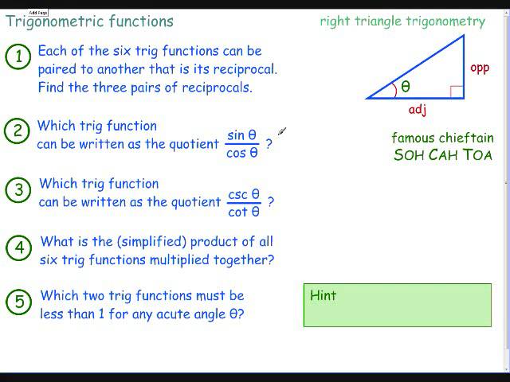And so let's write it that way. So this would equal y over r and x over r. Since we have 1 over r in the numerator and 1 over r in the denominator, we could simplify this, right? To y over x.